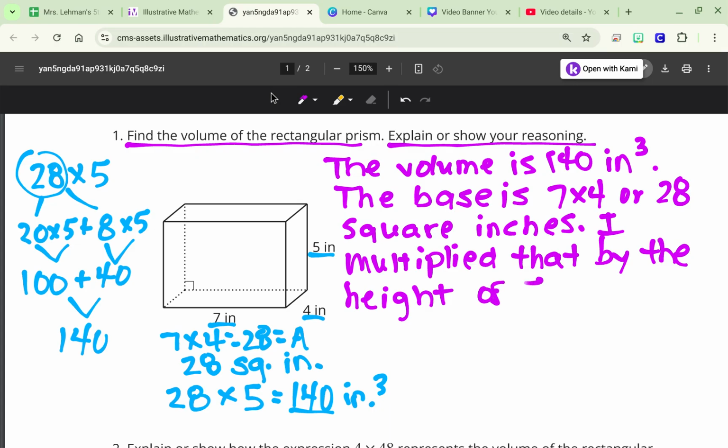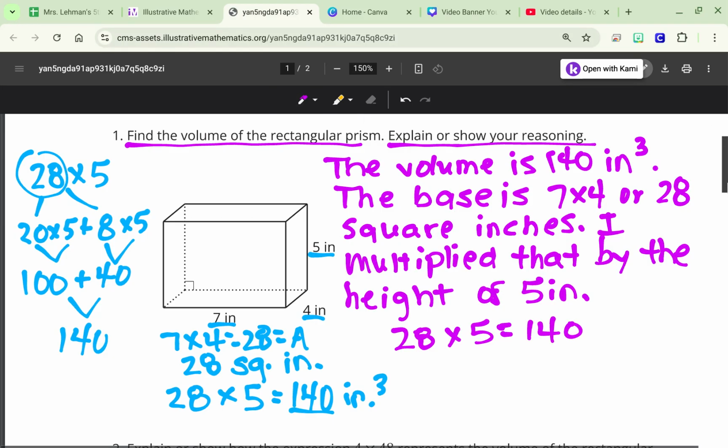And I'm going to go ahead and write the height of 5 inches. Now, down below, I'm going to write that 28 times 5 equals 140. And with that, I've really given a complete thought that explains exactly what my problem solving was that led us to our answer of 140 inches cubed. And that finishes out number 1.